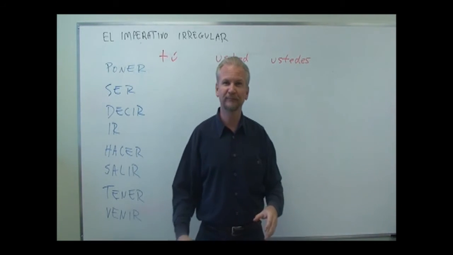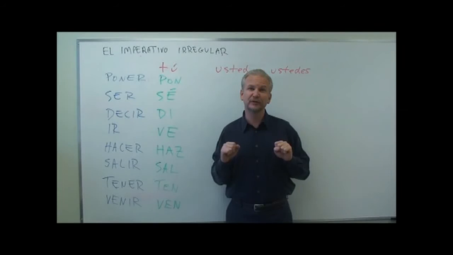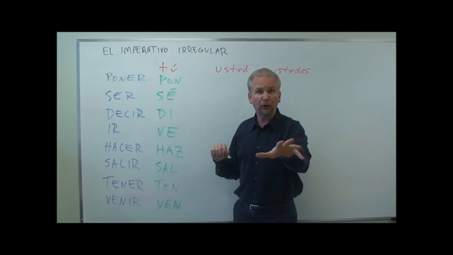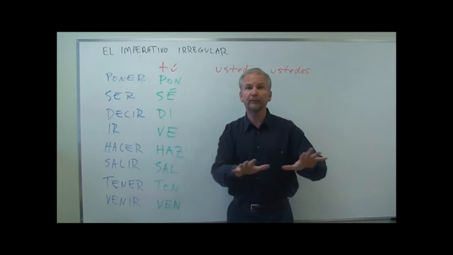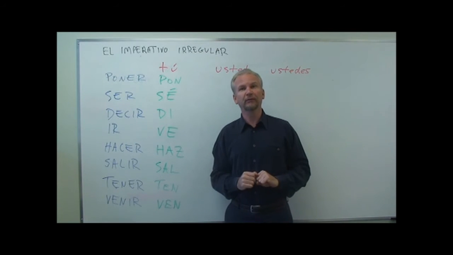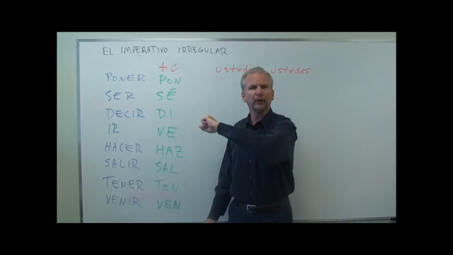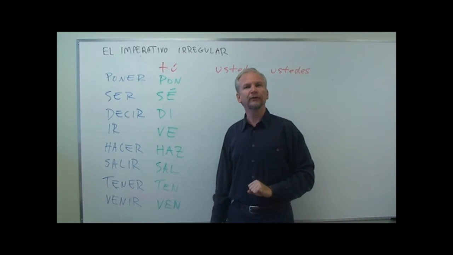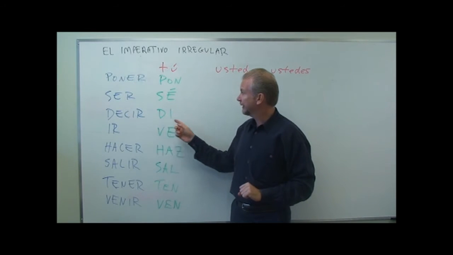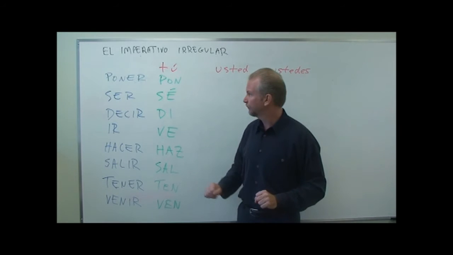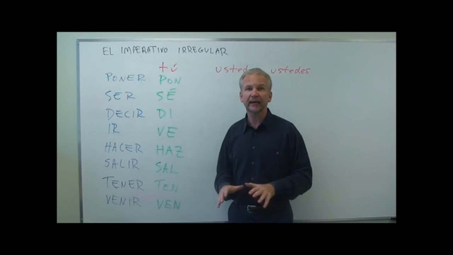Let's take a look. Here we have the forms of the tú. Poner, pon. Pon tu libro en la mesa. Put your book on the table. Ser, sé. Sé un buen estudiante. Be a good student. Decir, di. Di la verdad. Say the truth. Ir is ve.